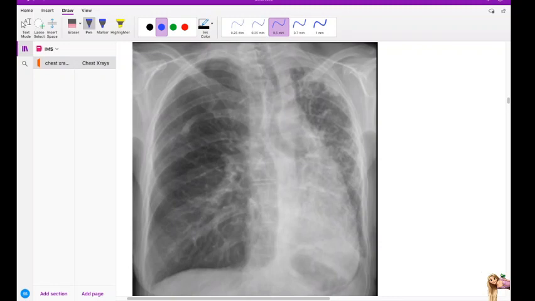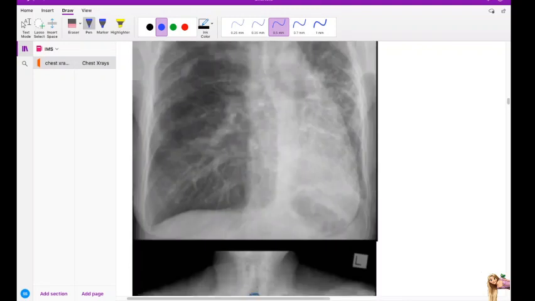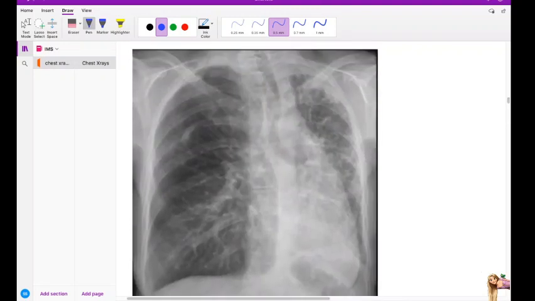Lung collapse. Okay, and away from the side of the lesion? Yes, pleural effusion, tension pneumothorax. Anything else which can push the trachea to one side, in the mediastinum? Yeah, any mediastinal tumor can shift the trachea to one side, right?